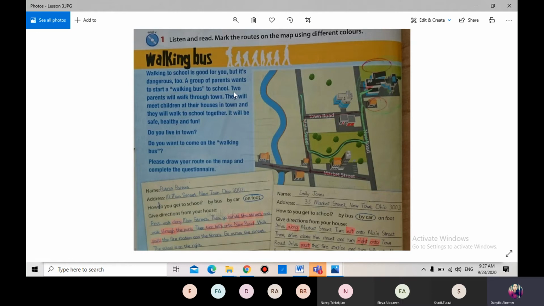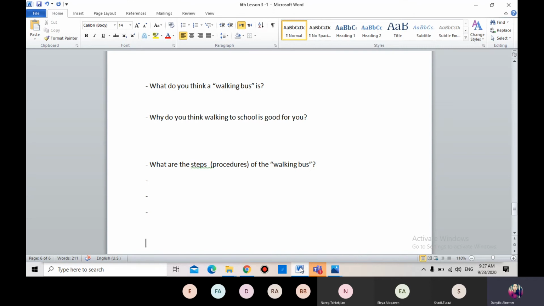Here, it's written, two parents will walk through town. They will meet children at their houses in town and they will walk to school together. So this is where the walking bus idea came from. Two parents, each time different parents volunteer to take these kids from their houses to the school, okay? So this is what a walking bus is.